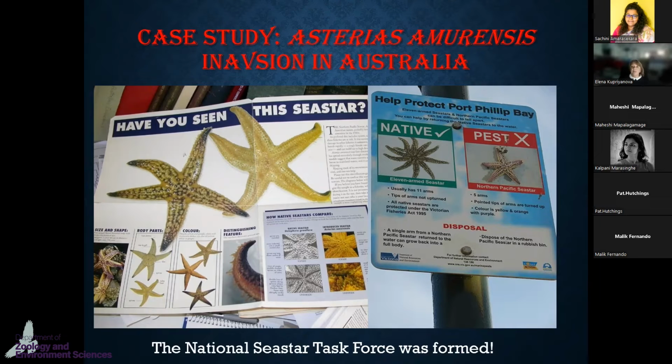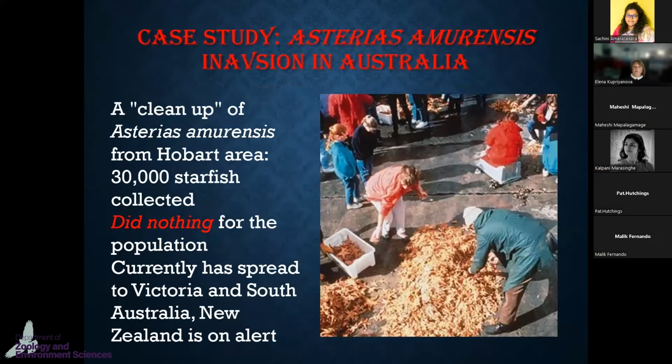Now, to fight the invading alien starfish, the Department of Primary Fisheries formed a National Sea Star Task Force. They made an effort of cleaning up Asterias amurensis from the Hobart area. In one of such cleanups, they collected 30,000 starfish, which did precisely nothing to the population. Currently, the species has spread to Victoria and South Australia, and New Zealand is on alert.